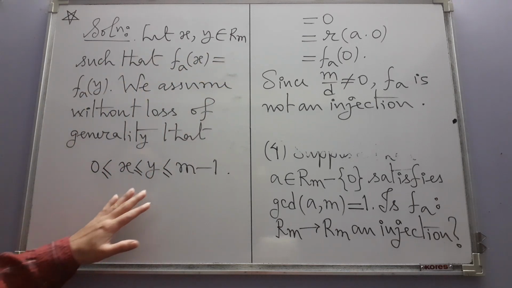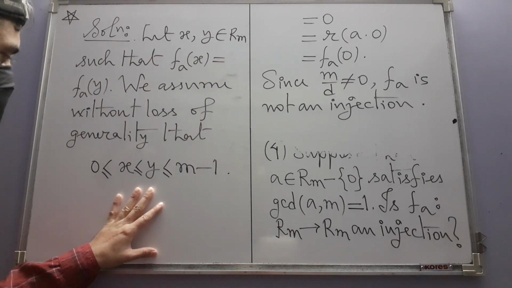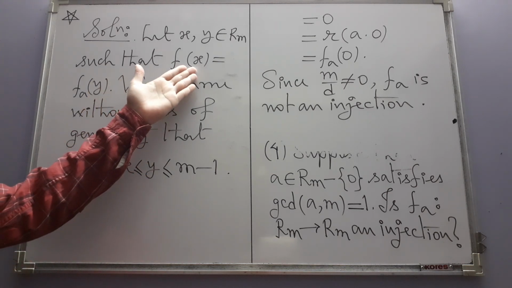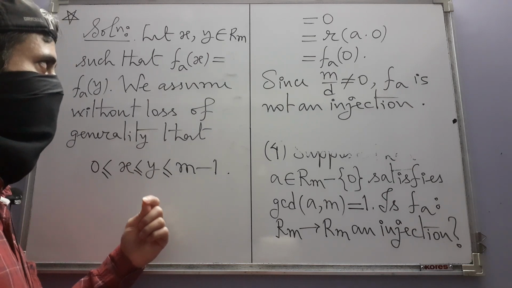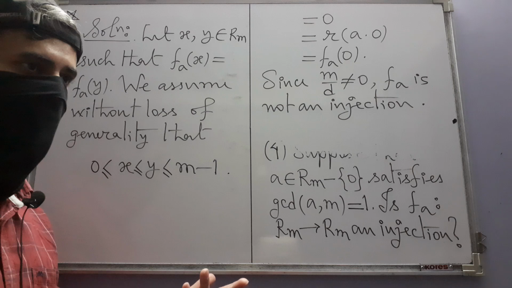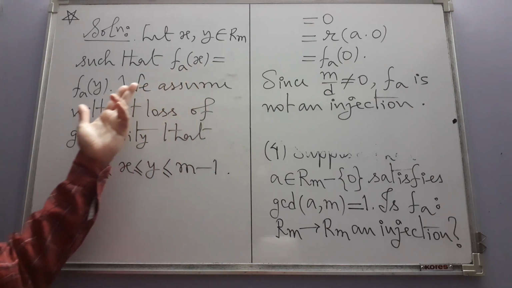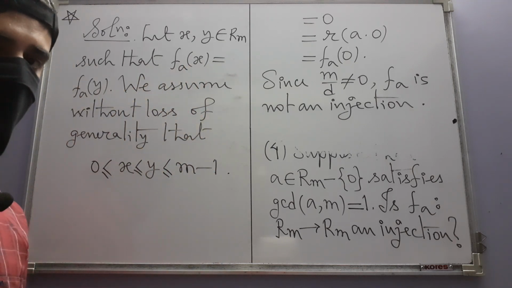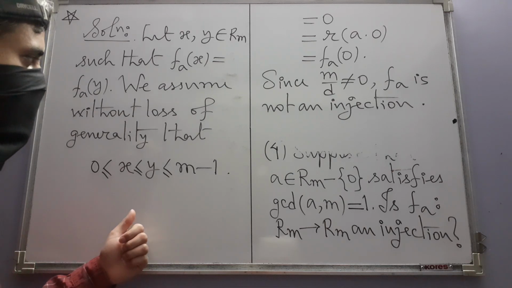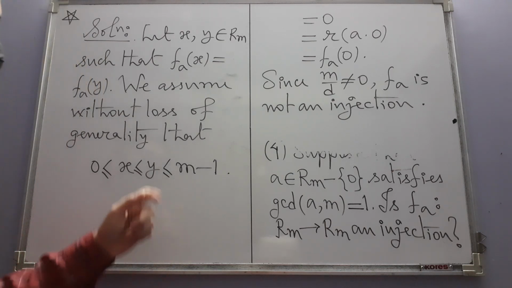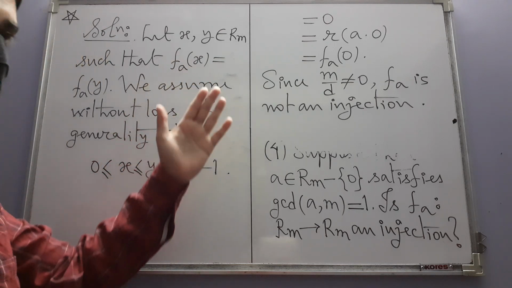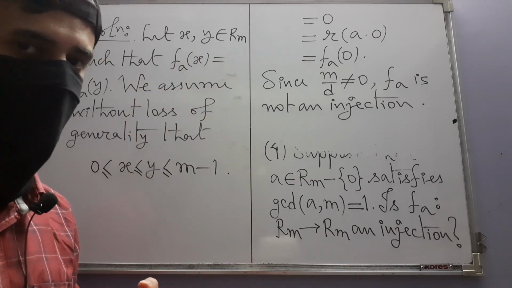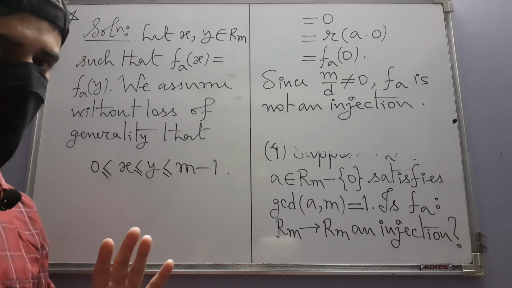But before we do so, let us also see, because if you just simply write what fa of x is, it's the remainder function value of ax. Now that remainder value is equal to the remainder function value of ay. However, when we divide ax by m, this is the remainder, but we don't really know what the quotient is. So let's just assume that the quotient is something.